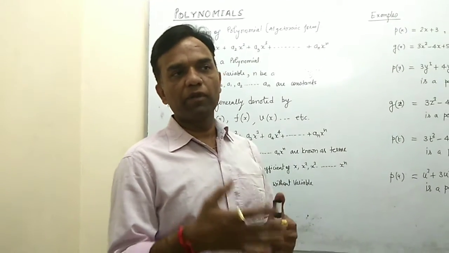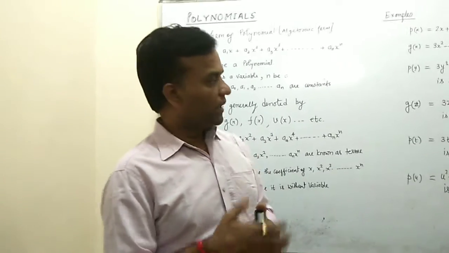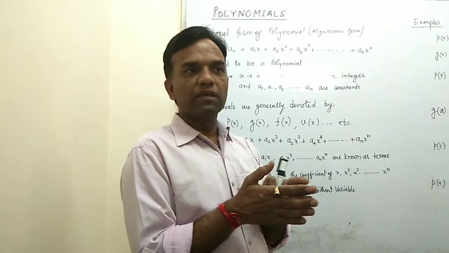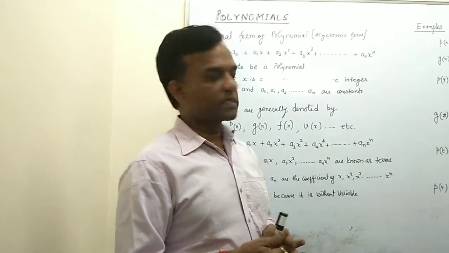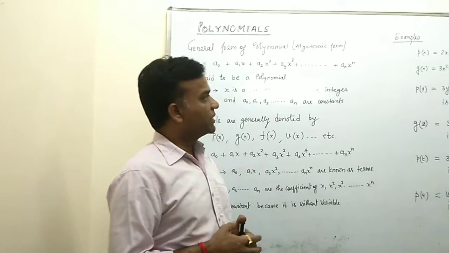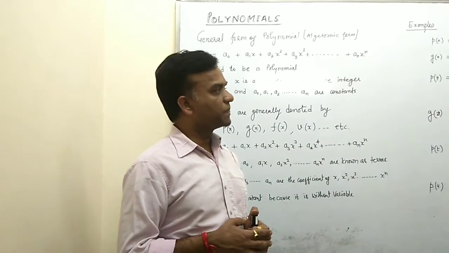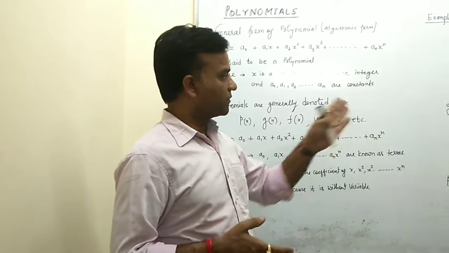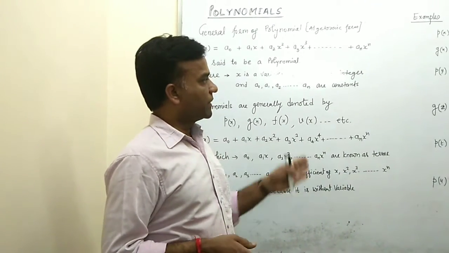Then you form the whole terms, combine them, and write them as a polynomial. So this is the basic concept related to polynomials, because here we describe the general form, and further applications we will show with the help of examples.